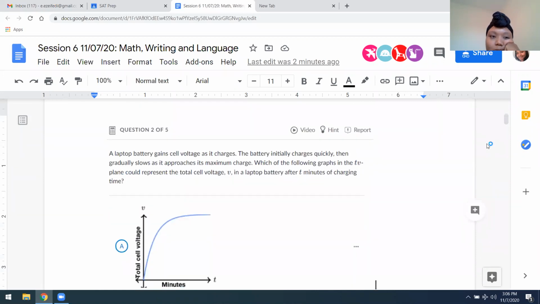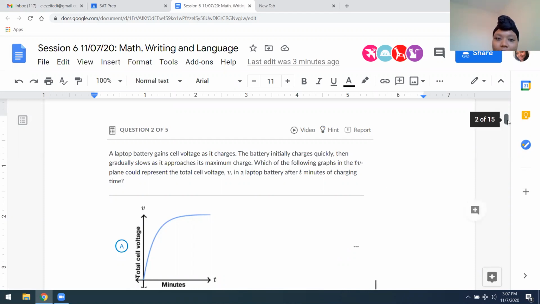A laptop battery gains cell voltage as it charges. The battery initially charges quickly, then gradually slows as it approaches its maximum charge. Which of the following graphs in a TV plane could represent the total cell voltage, V, in a laptop battery after 10 minutes of charging time?